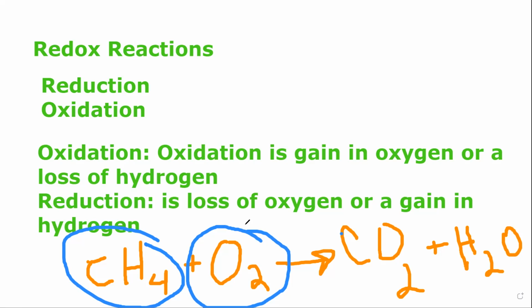Substances which help reduction to take place are called reducing agents, or reductants. For example, let me write another chemical equation.